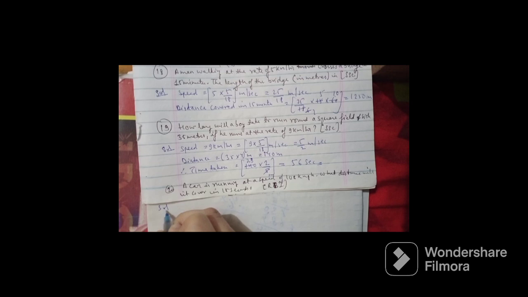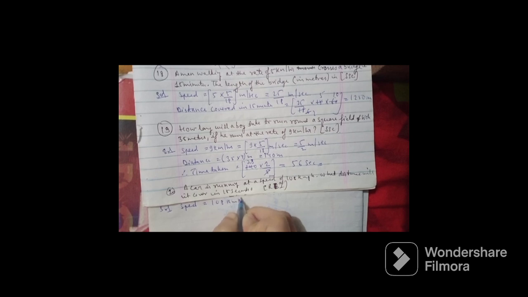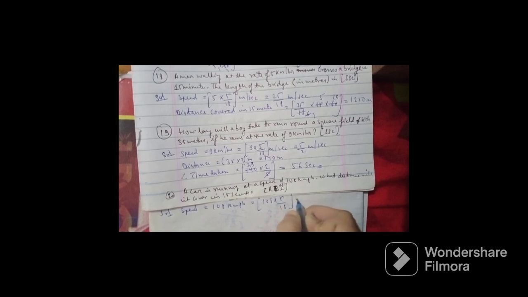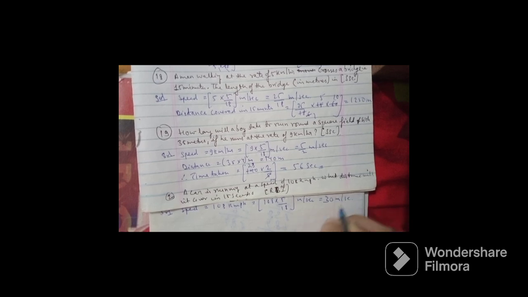So speed is equal to 108 km per hour. 108 into 5 by 18 meter per second equals 30 meter per second.